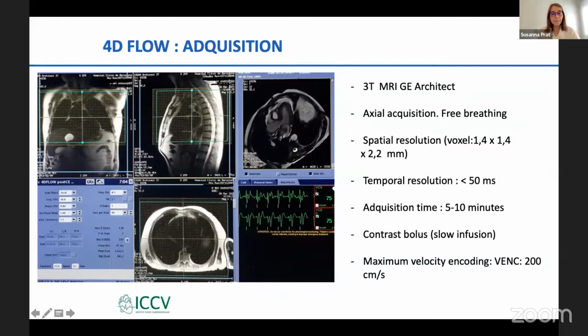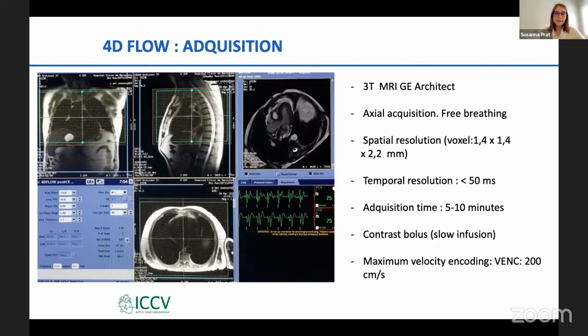The other parameter that needs to be good is the temporal resolution. The guidelines recommend less than 50 milliseconds. The acquisition time depends on the breathing and the heart rate, and usually with this sequence, in our example, it lasts between 5 and 10 minutes.